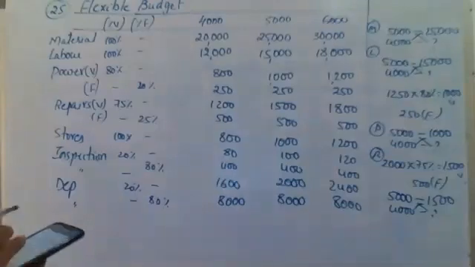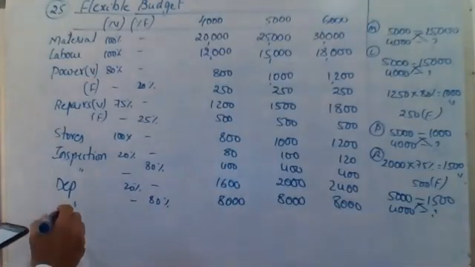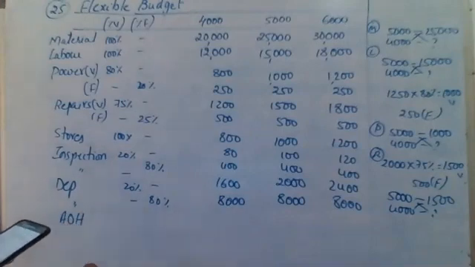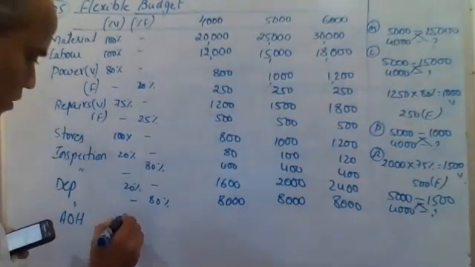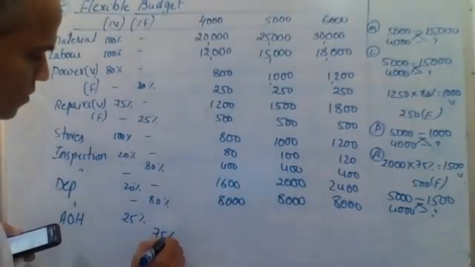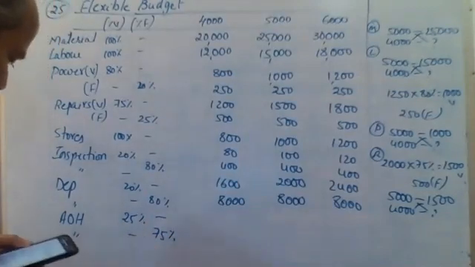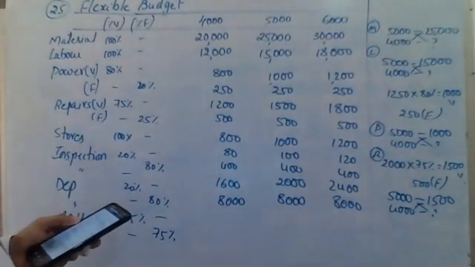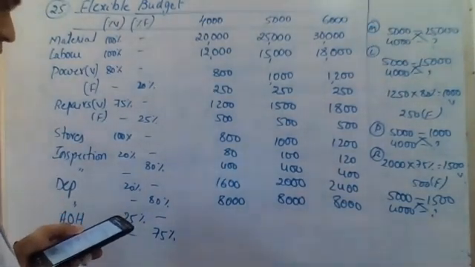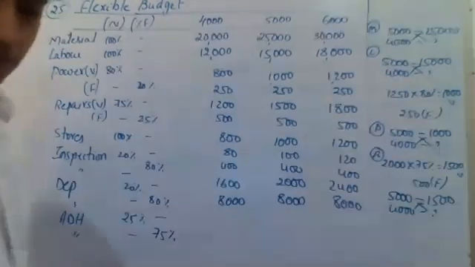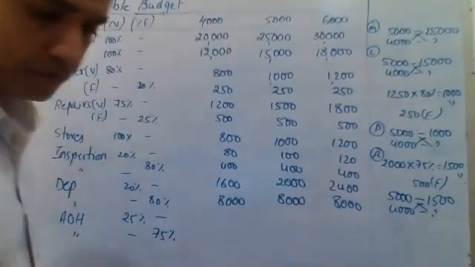Then administration overheads. Administration overheads is given as 25% varying. So 25% varying means 75% is fixed. Administration overheads is given as 5,000. 5,000 into 75% is 3,750.